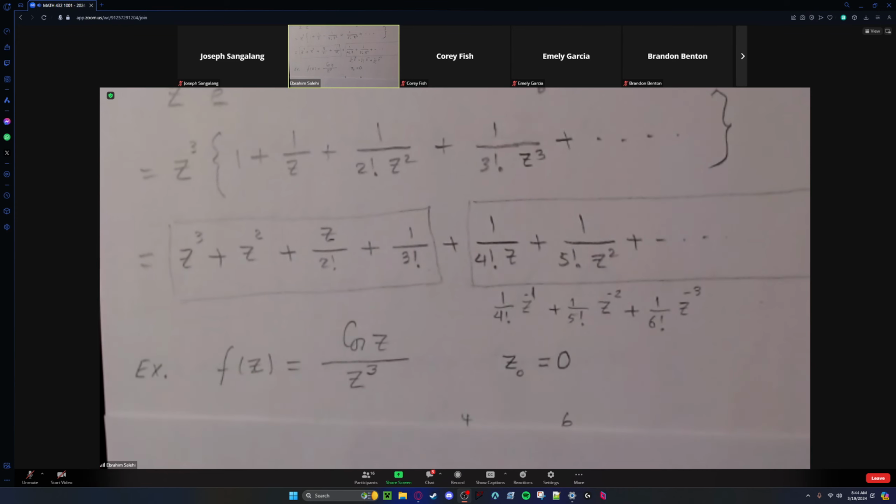Of course, one of the questions that we will get is this: when you have a singularity, you're supposed to figure out what kind of singularity that is. Is it a pole, removable, or essential singularity? All right.